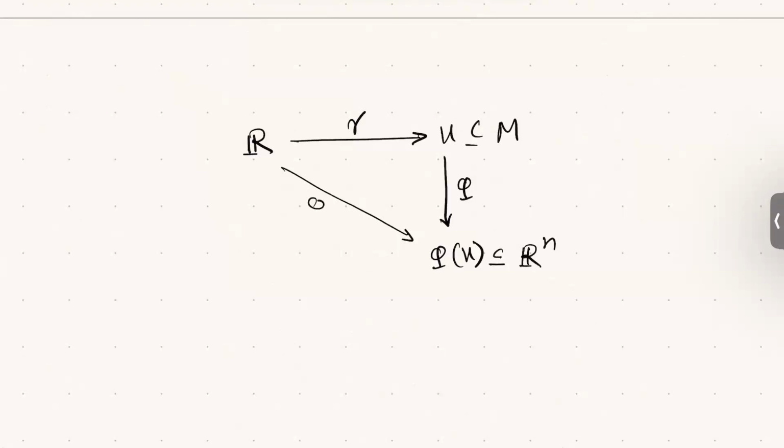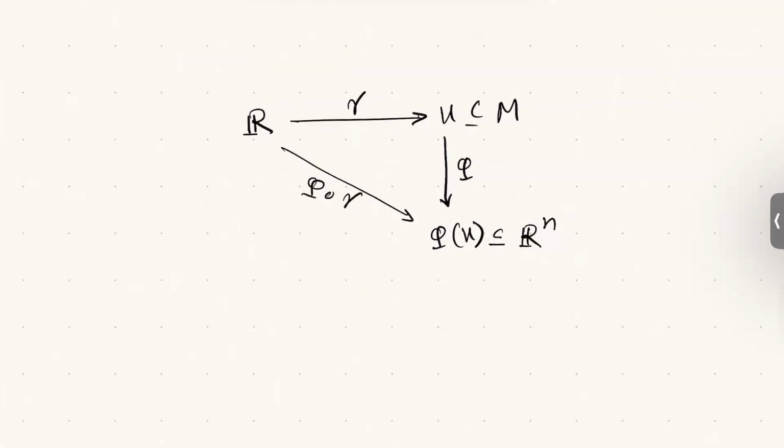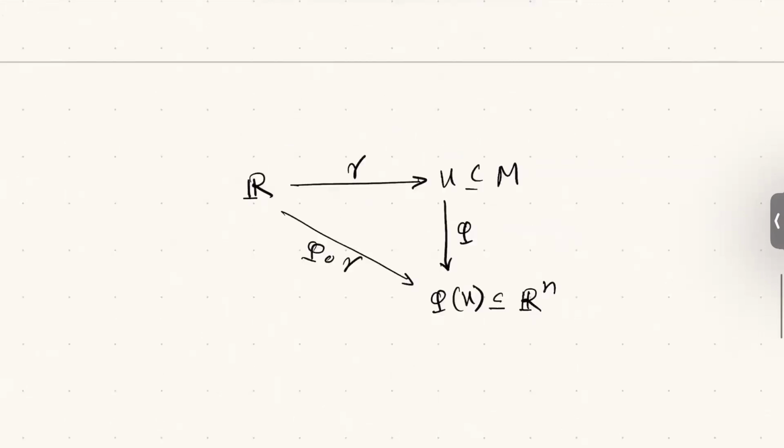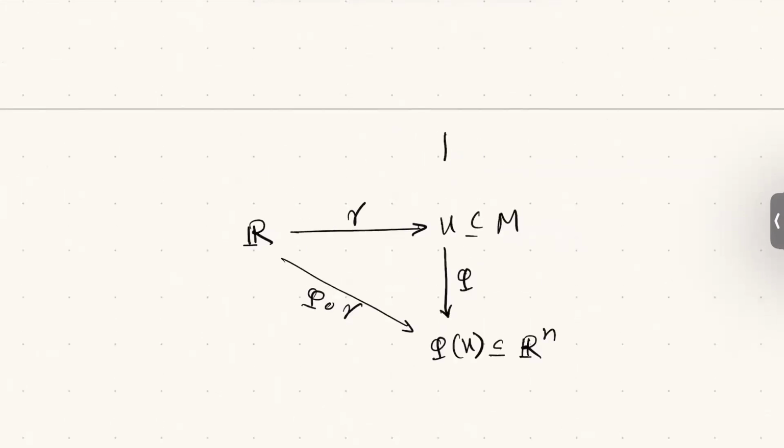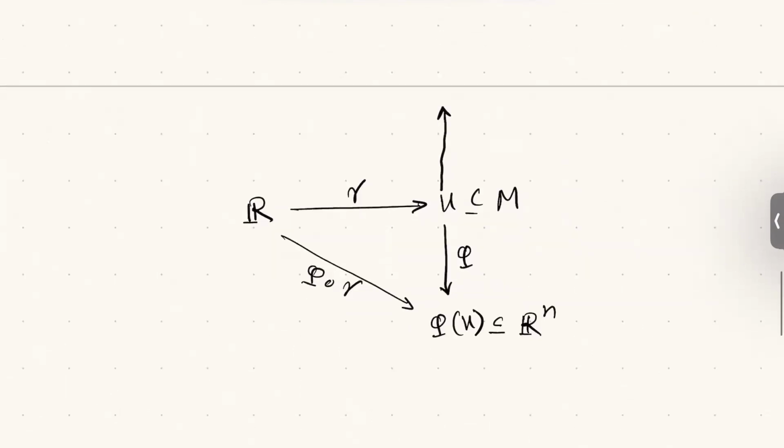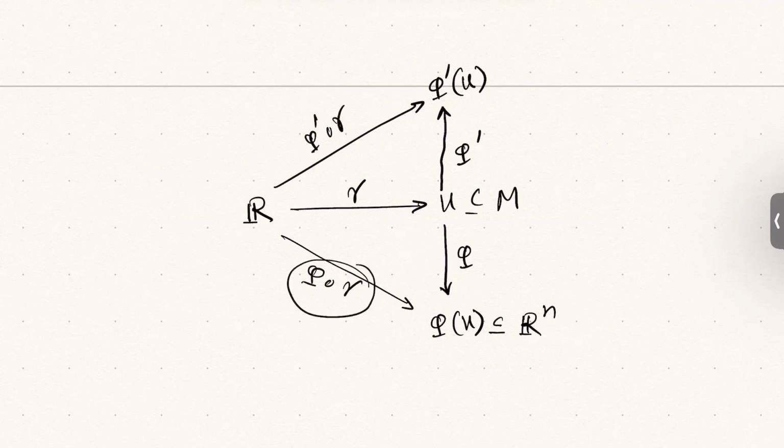So this function phi of gamma is a map from R to Rn. If this function is continuous, then I can have a different coordinate chart, phi prime of U, and then phi prime of gamma. If this one is continuous, can I say this is also continuous?